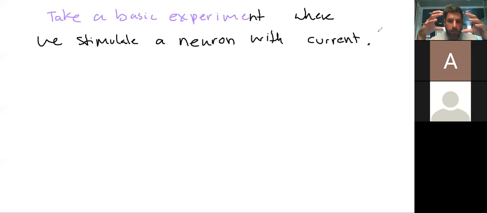So if we're not stimulating this neuron, this cell, it has some resting potential. Its potential difference is some value. And like I alluded to in those homework problems, a common resting value might be minus 70 millivolts, for example.